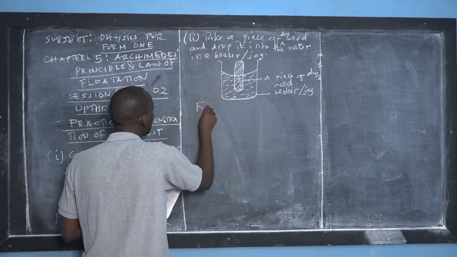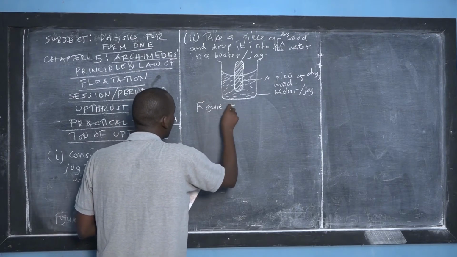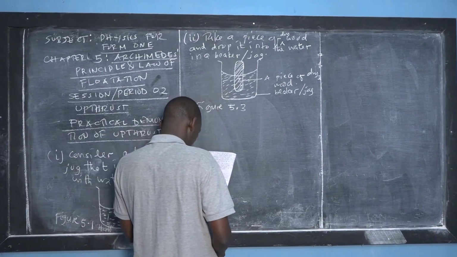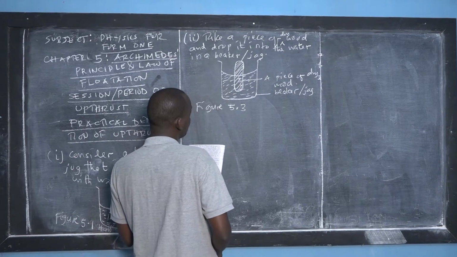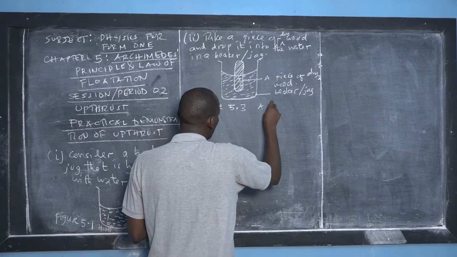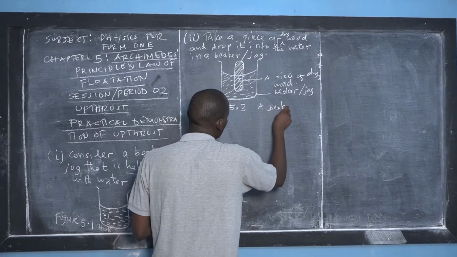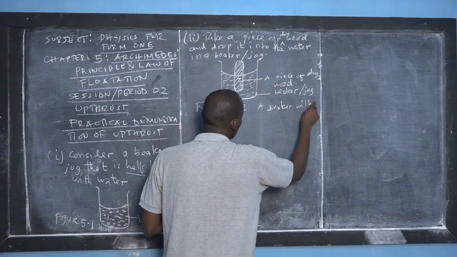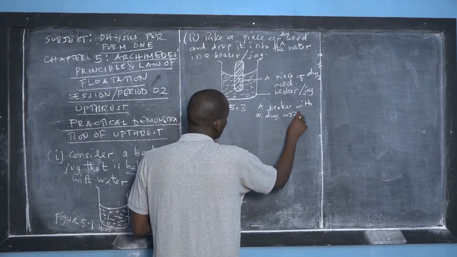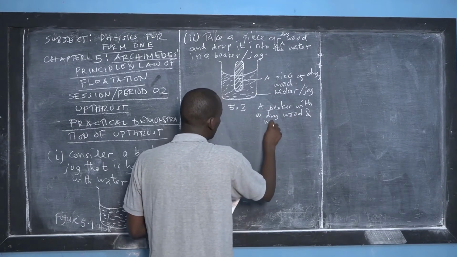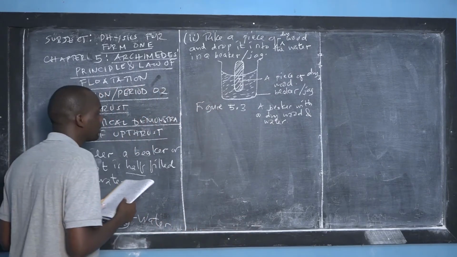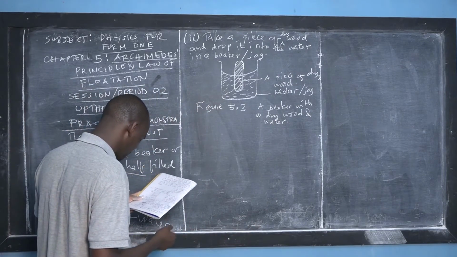So this is figure 5.3, mchoro namba 5.3, ambaye tunasema kwamba a jug or a beaker with a dry wood and water. Bika ikiwa ndani yake ina maji pamoja na kipande cha mti ambacho kilichokauka.